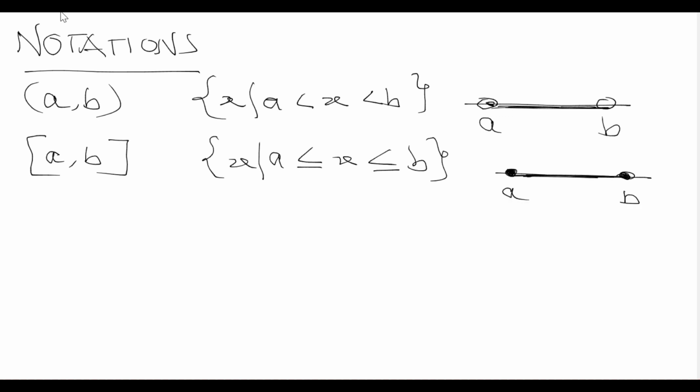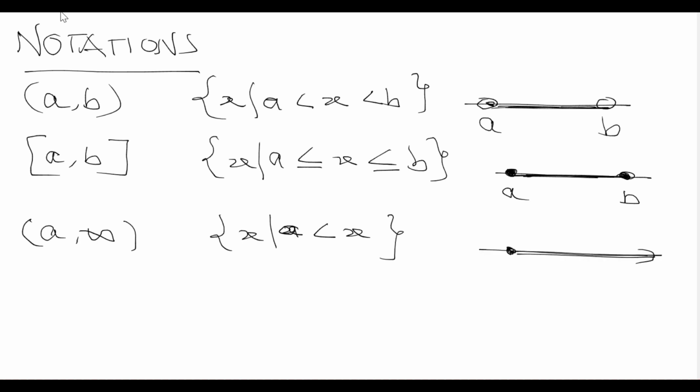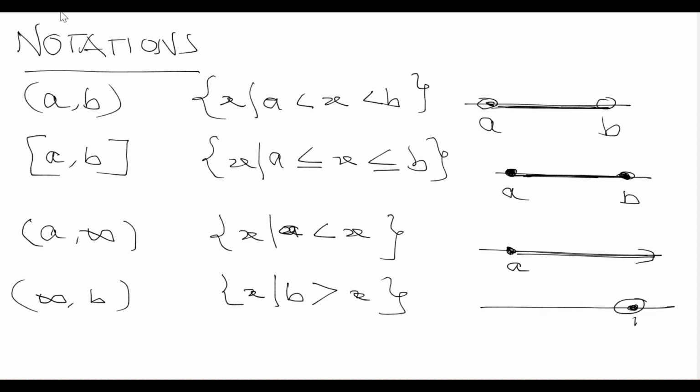If it's the usual brackets, then it means that it's open, so you're not including the start points. Here, the most important thing to understand is just the shape of the brackets that you use. So remember, when it's a square bracket, it means that the start point and the end point are included, or the side where the bracket is, is included.